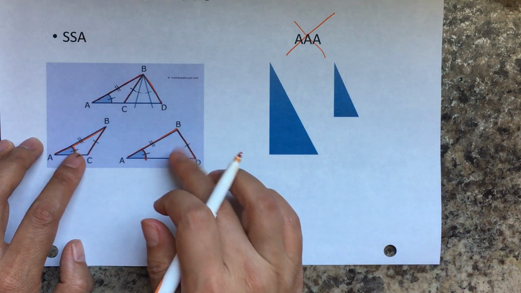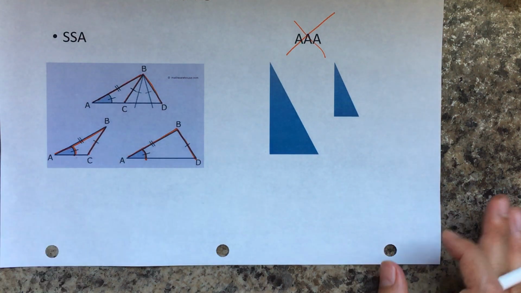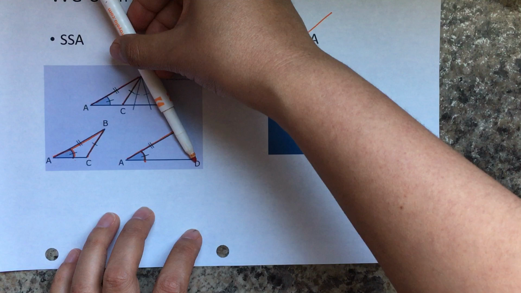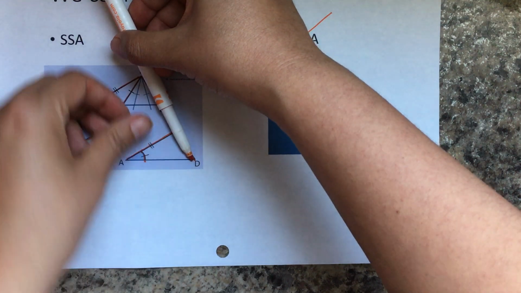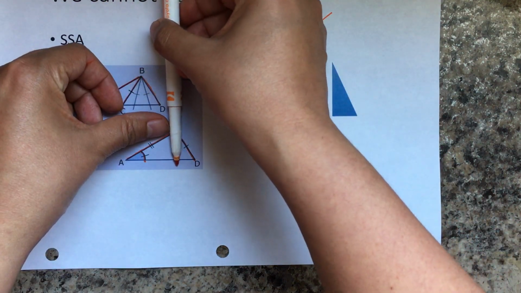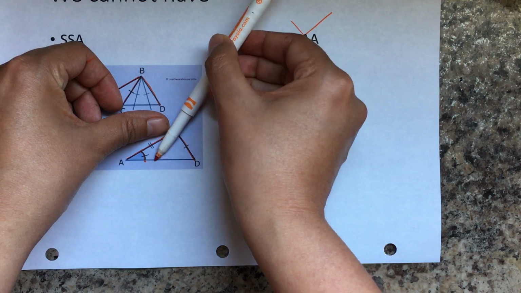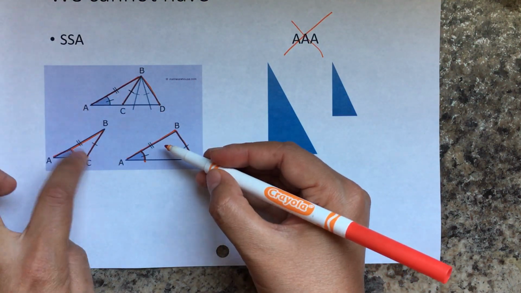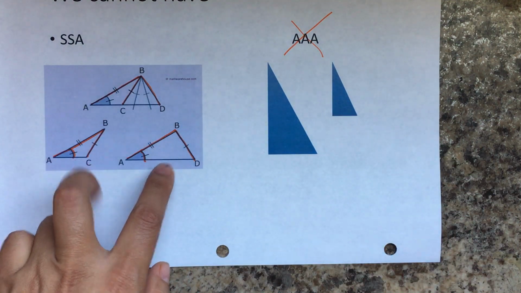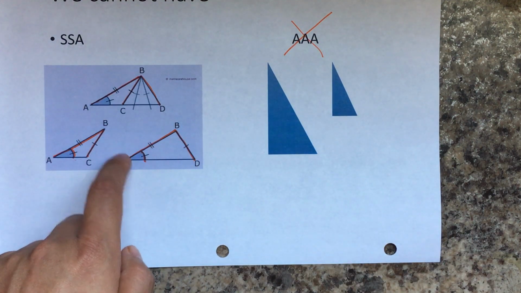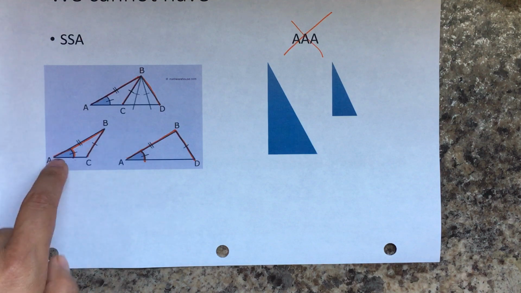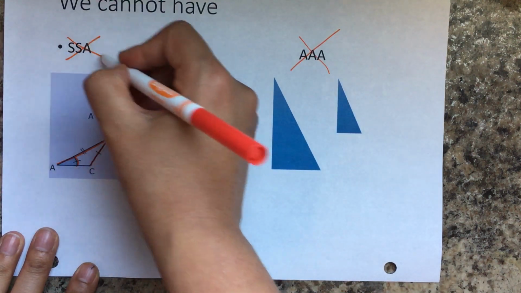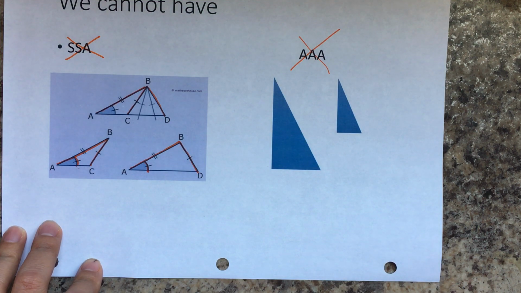But notice how the two triangles are not congruent. How do they do that? Basically this side can be swung and it'll touch in here, and it's the same measurement, but it creates a completely different triangle. So they are not congruent even if they have that side congruent and that angle. So side-side-angle never works either.